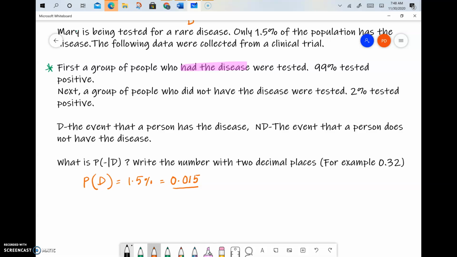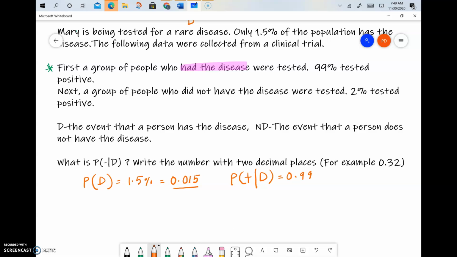So the way we're going to write down the probability is this. Probability that a randomly chosen person in that group tested positive when we know that they have the disease is equal to 0.99. How do we know they have the disease?